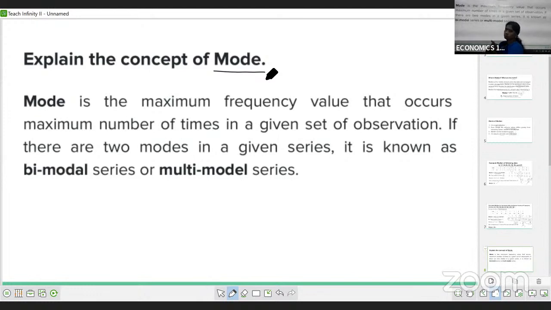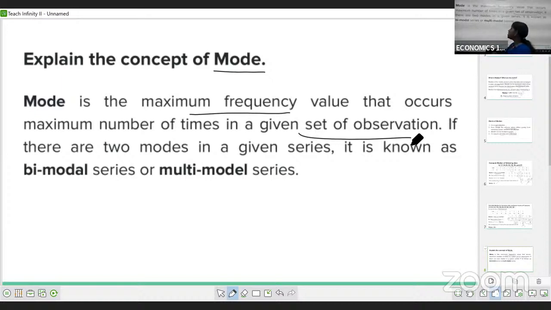If they give you some data, and in the given data you find a number that is repeating a number of times, then that number is called the mode. So here, the maximum frequency, how many times it is repeating in the given set of observations, is called the mode.